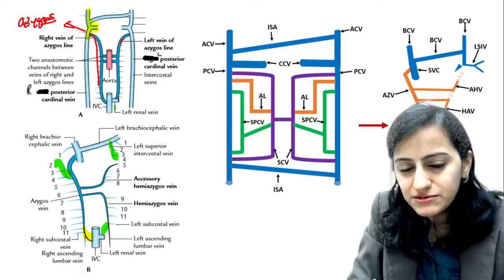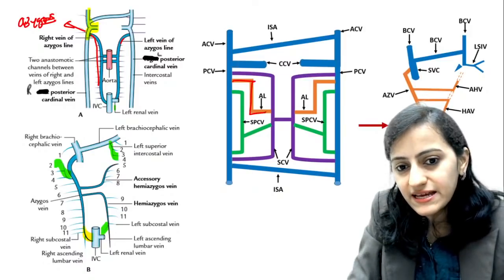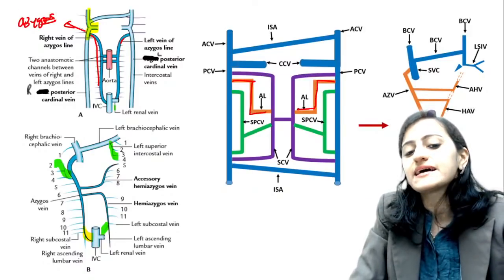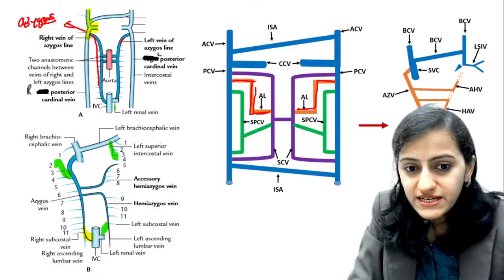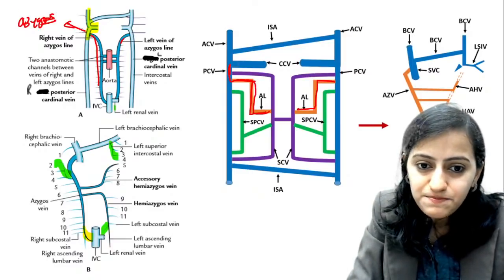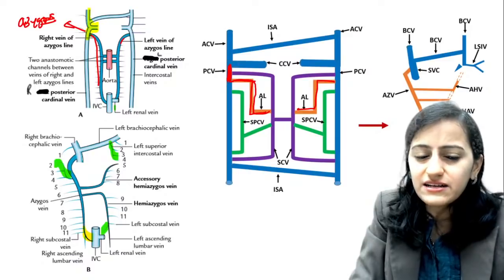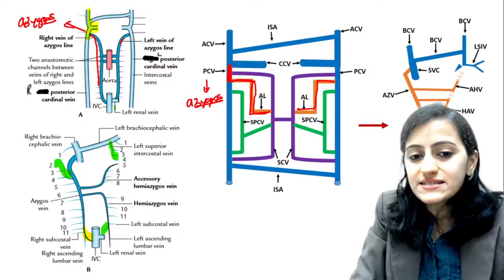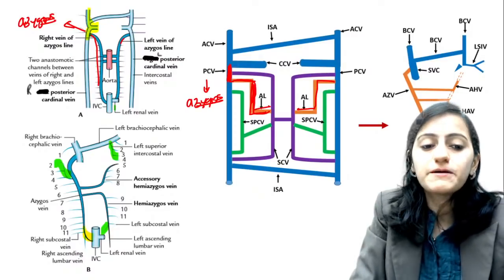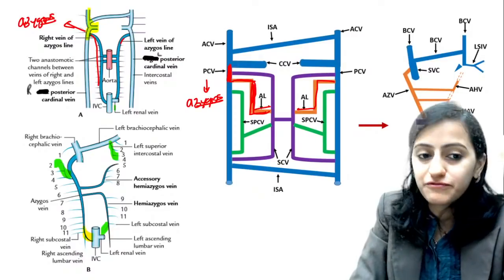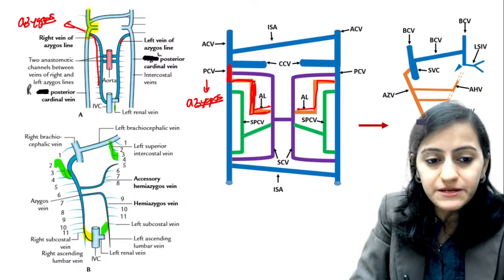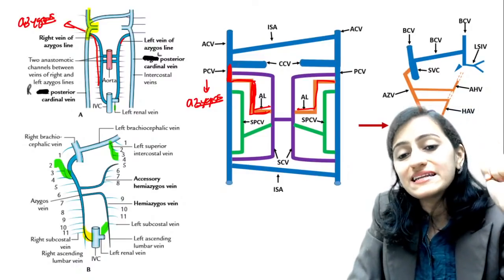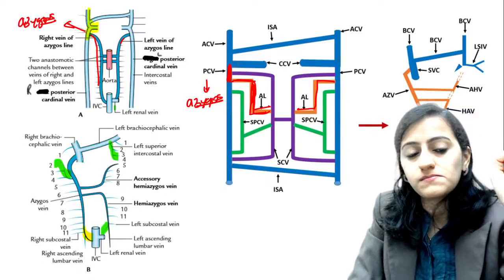This AL that you see here, this is the azygos line. This forms the azygos system, and this part of the posterior cardinal vein forms the distal part of the azygos vein. Is this clear with everyone? Okay, so remember the right posterior cardinal forms part of the azygos vein, right? What does the left posterior cardinal form?